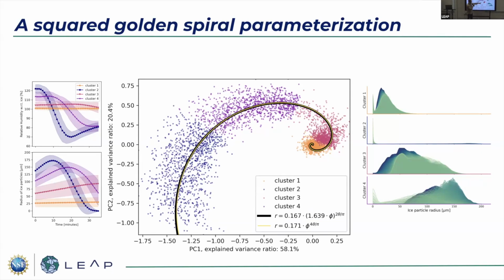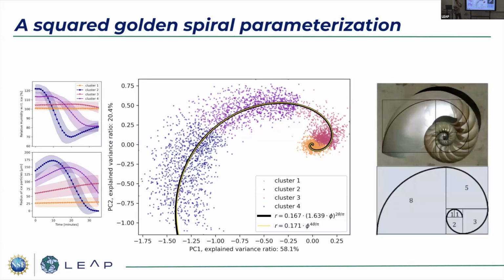The black one is letting our parameters run freely, and this gold one is letting one parameter, just a scaling parameter, run freely, and snapping the other one to the golden ratio, our Fibonacci sequence, our shells.